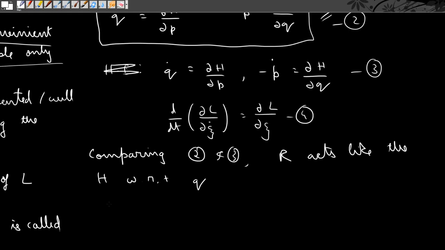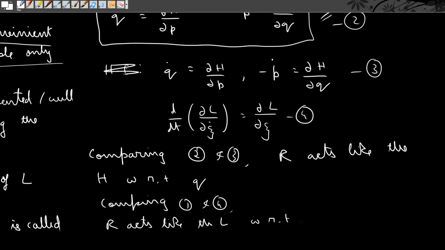And comparing 1 and 4, we see that R acts like the Lagrangian with respect to xi. Okay, so this is the important distinction between the Routhian and the Lagrangian. It acts like a Lagrangian for some set of variables and it acts like the Hamiltonian for the other set.